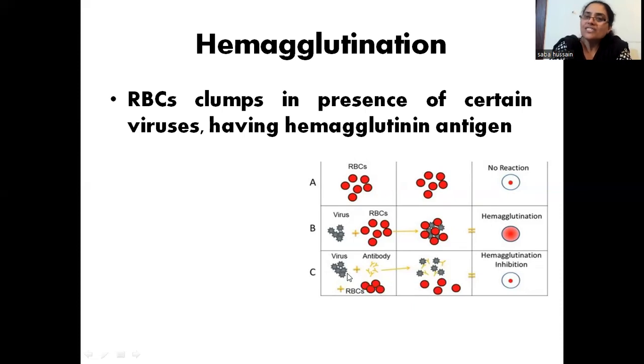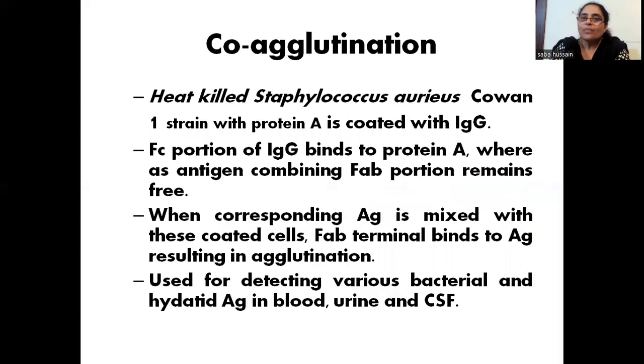So if we want to test antibodies present in the system against a particular virus, we will see there will be no agglutination. This is called heme agglutination inhibition when serum is analyzed for the presence of antibodies.